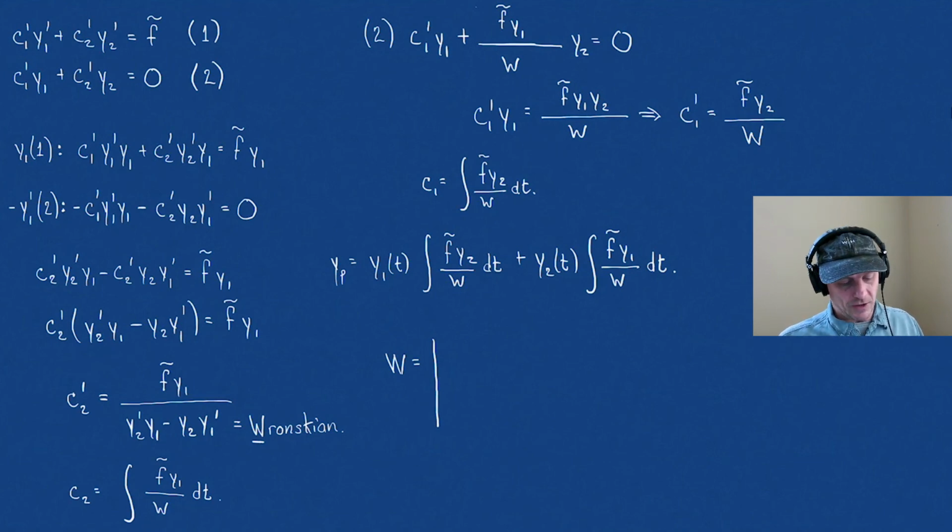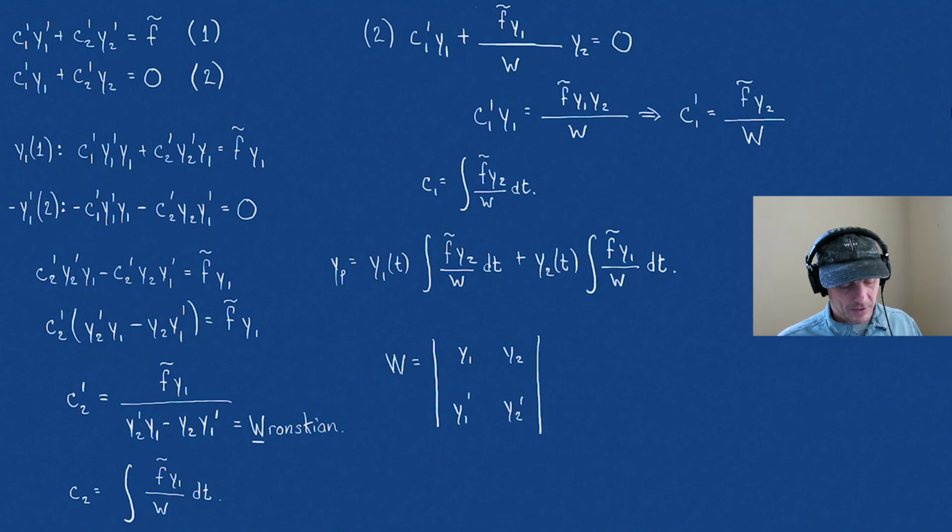So our first solution we said was y1. Our second solution is y2. And then in the same columns we take their derivatives, y1 prime, y2 prime.